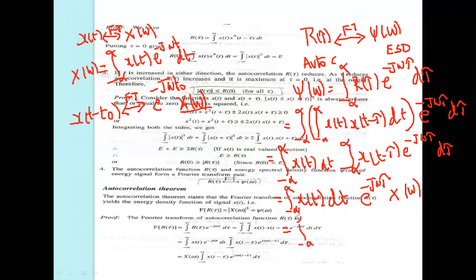The integral from minus infinity to infinity of x of t e power minus j omega tau dt into X of omega.